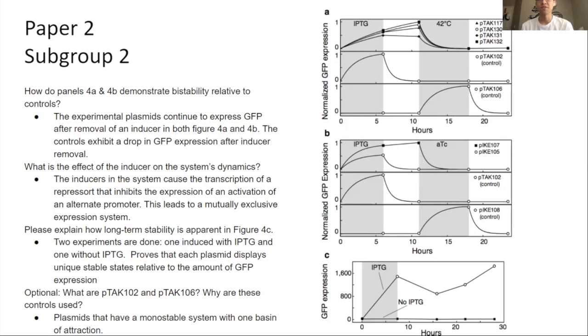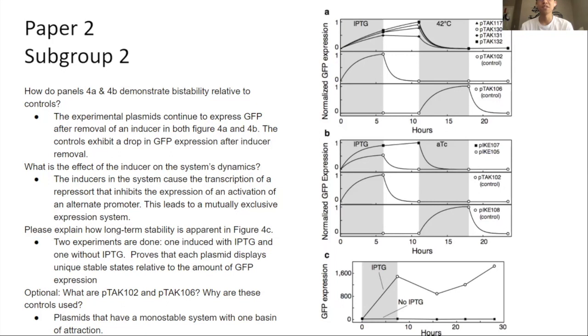One represents the levels of GFP expression without the addition of the IPTG inducer, and the other line represents PTAC 117 being induced by IPTG. These results clearly show that the two-element positive feedback loop contains two stable steady states and two basins of attraction.